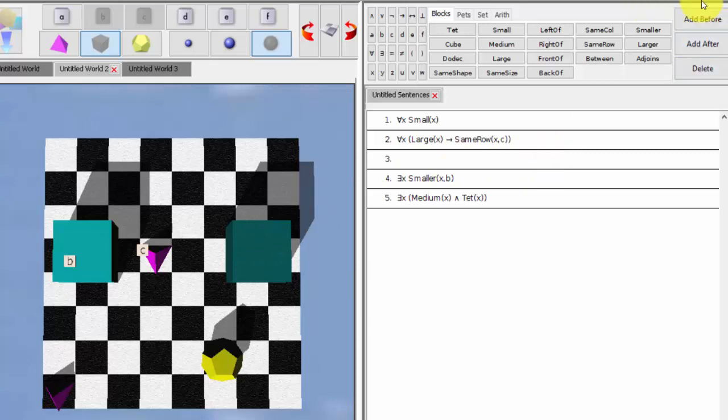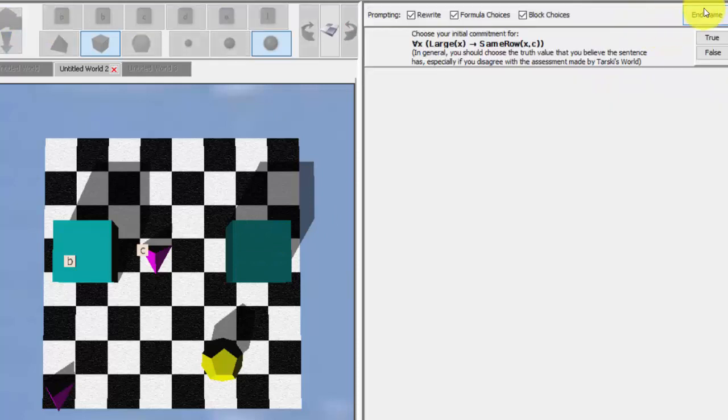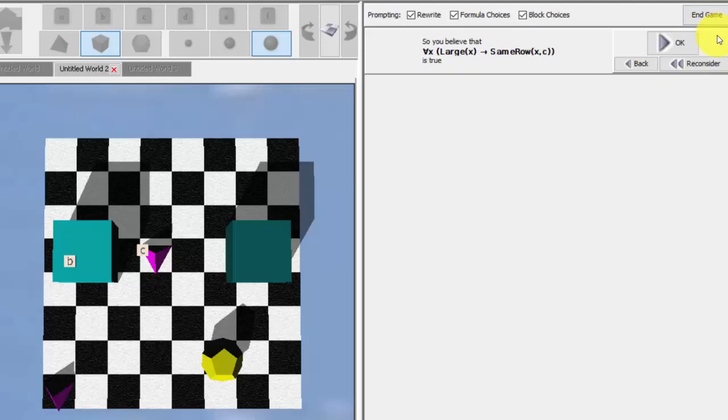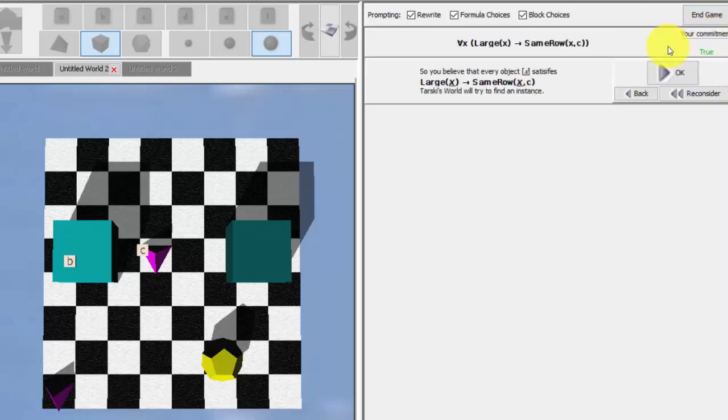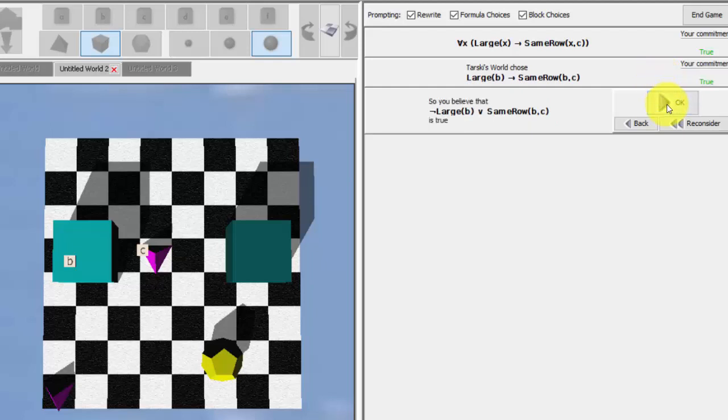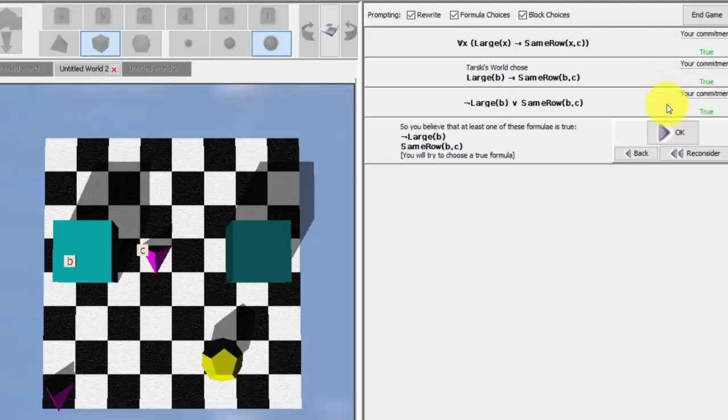Let's try true again. All right, so I believe that at least one of these formulae is true.